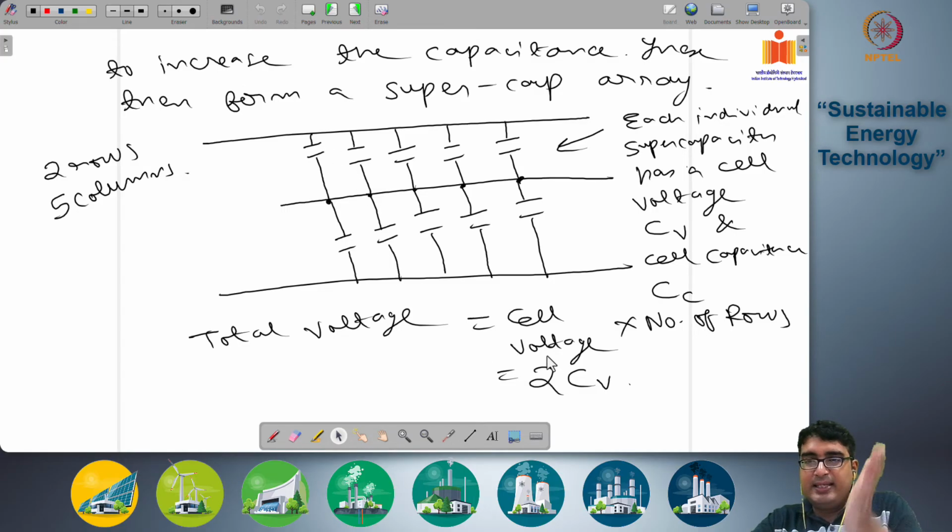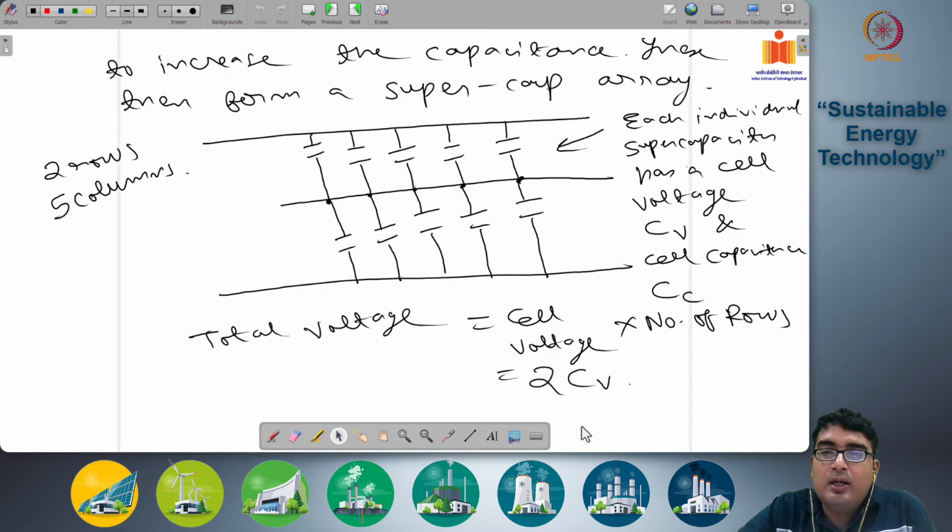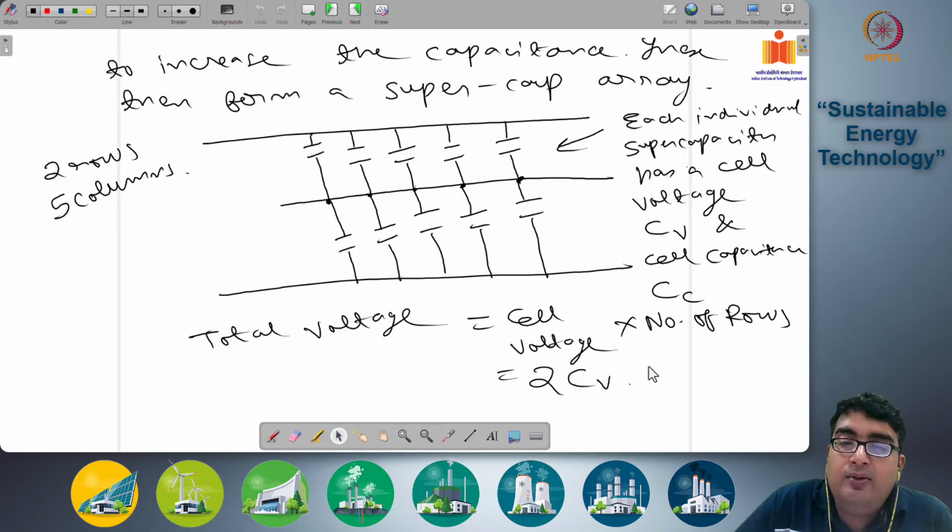Assume the cell voltage is 2 volts and the number of rows is 2, so 2 times 2 is 4 volts. If the cell voltage is somewhere different, say 1 volt, then it's 2 times 1, 2 volts.